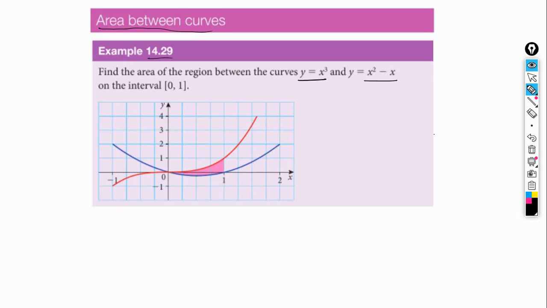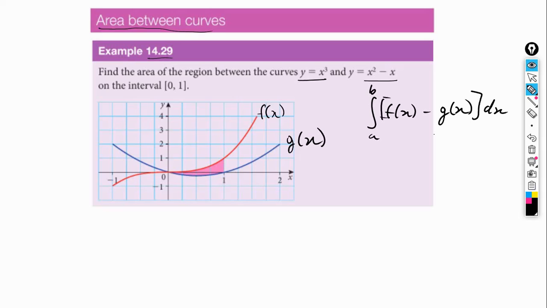So the rule for these areas is that if the top function, let's say it's f of x, and the bottom function here is g of x, then the rule says do the integration, right, from a to b, if that's the interval, of the larger function, or the one that's on top, f of x, minus the bottom one, which is g of x, and of course dx.